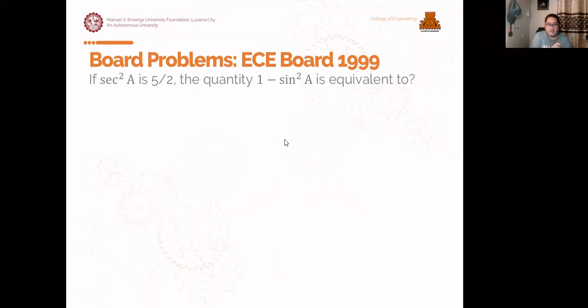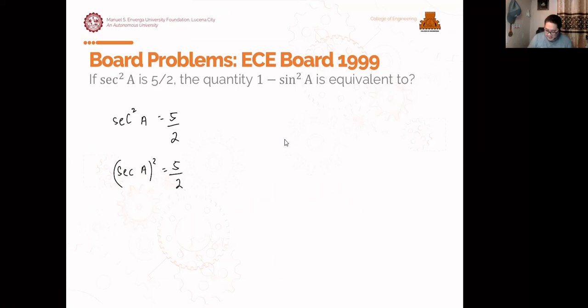Okay, so secant A squared is equals to 5 halves. So ano ba ibig sabihin ng secant squared A? Is equals to 5 halves daw. So ito, pwede din tong i-represent as secant A squared is equals to 5 halves. Okay?